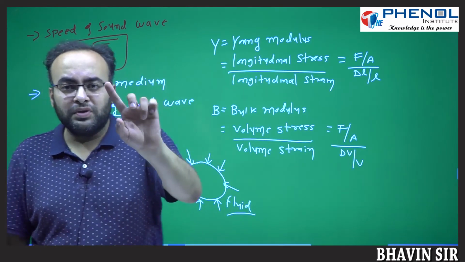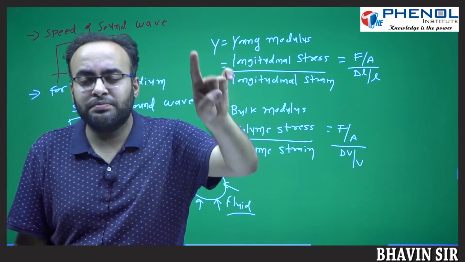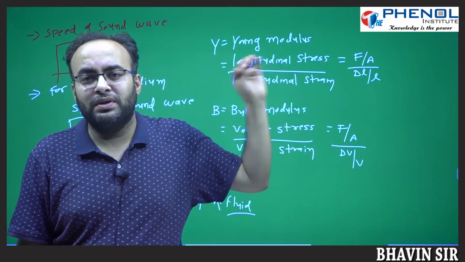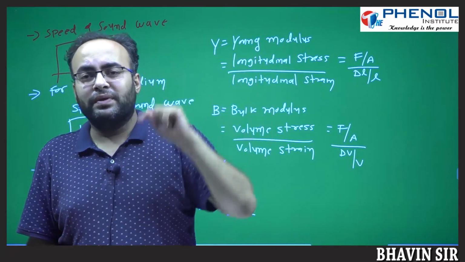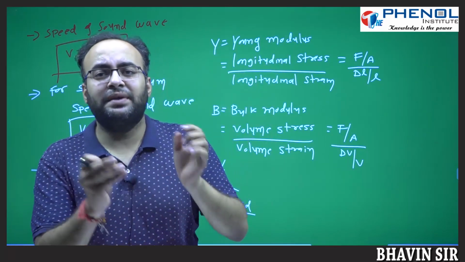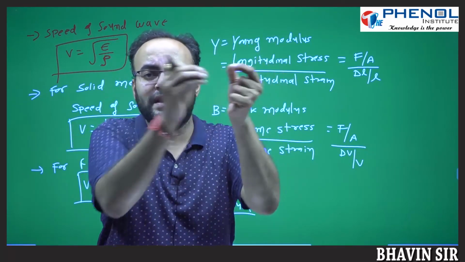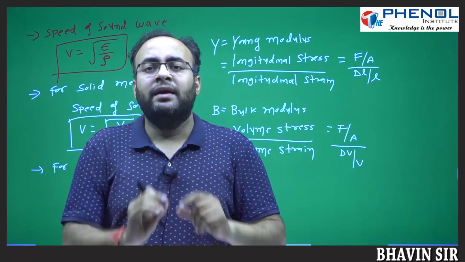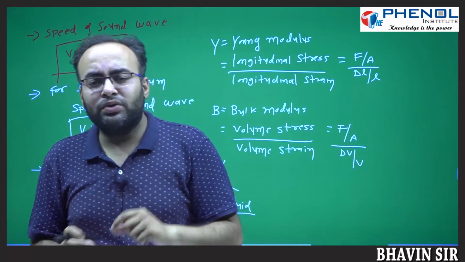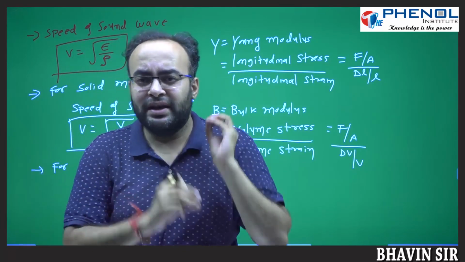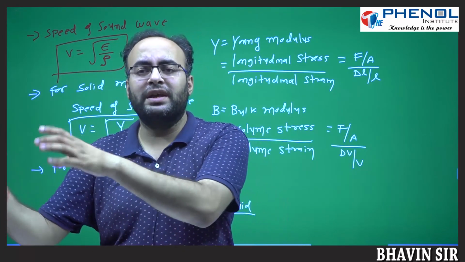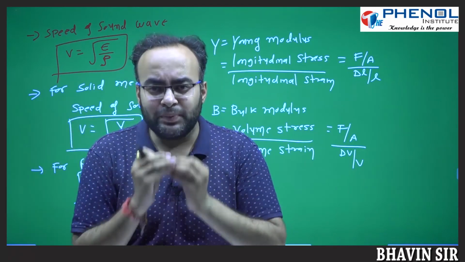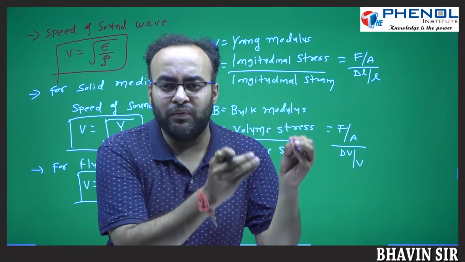So first of all, in the case of bulk modulus, volume is changed. In which case is volume changed? If force is applied to each and every part of the body, then and only then is the volume of the body changed, and this is possible only in fluid.